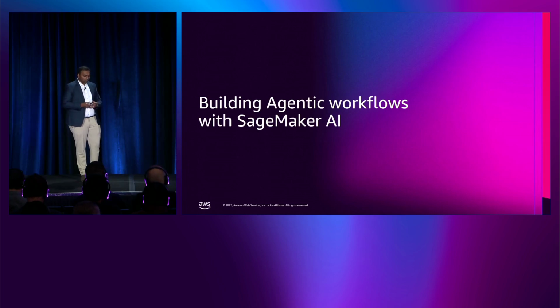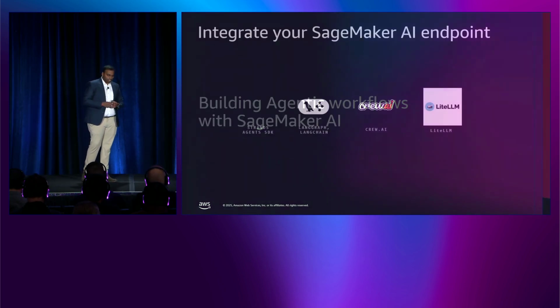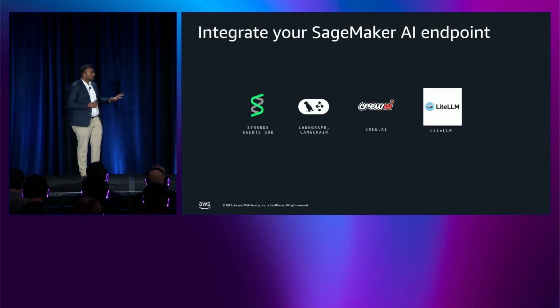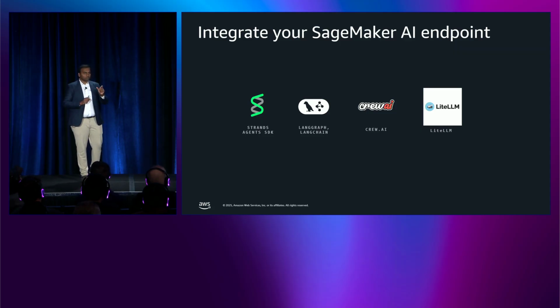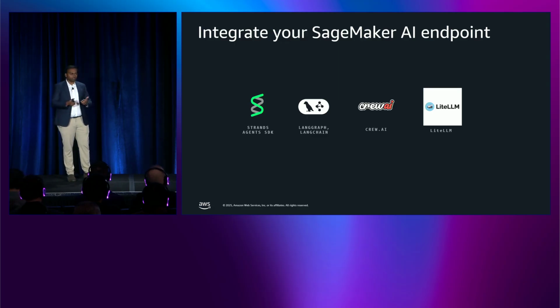But how do you build an agentic workflow? All of these frameworks have connectors for SageMaker. So if you deploy a model on a SageMaker endpoint, you can use any of these frameworks and have the SageMaker connector connect to the model directly and use it for your agentic workflows.